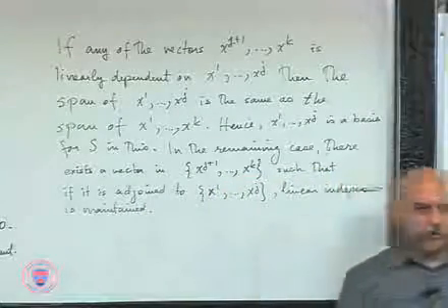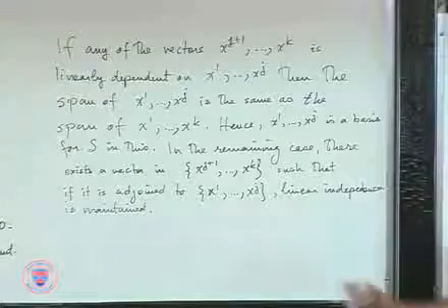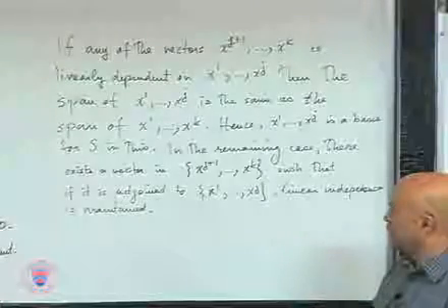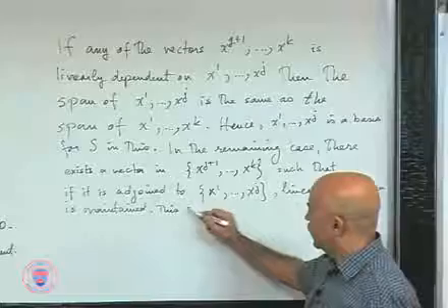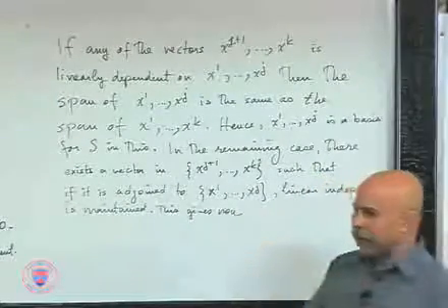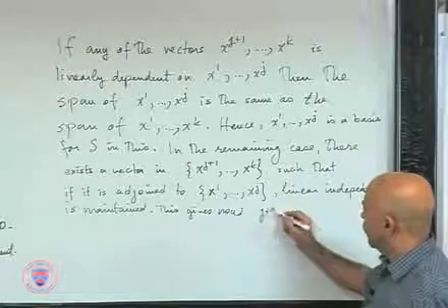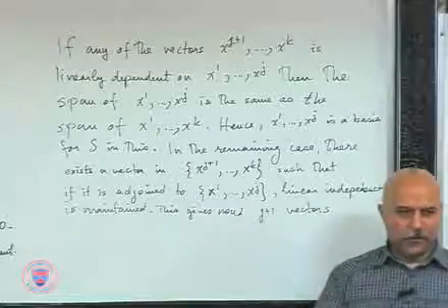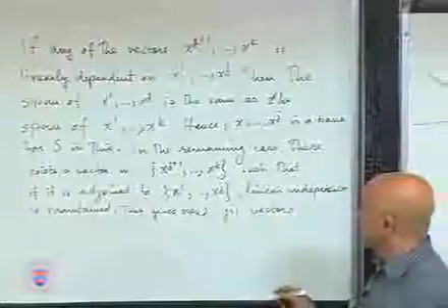Okay? So you've got one more additional vector adjoined to the initial set, and you still have linear independence. And adding it to this new set, this gives now j plus 1 vectors, one additional vector, that are linearly independent.